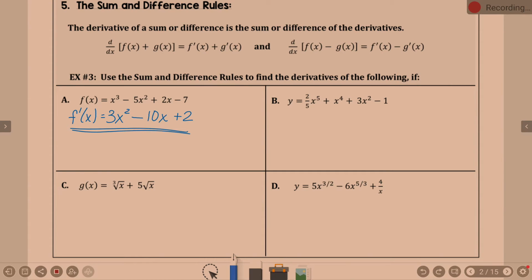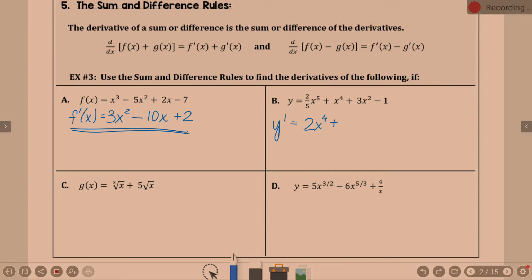Okay, B. y prime equals derivative of 2/5 x to the 5th. I agree with 2x to the 4th, because 5 times 2/5 will be 2, and then x to the 4th.